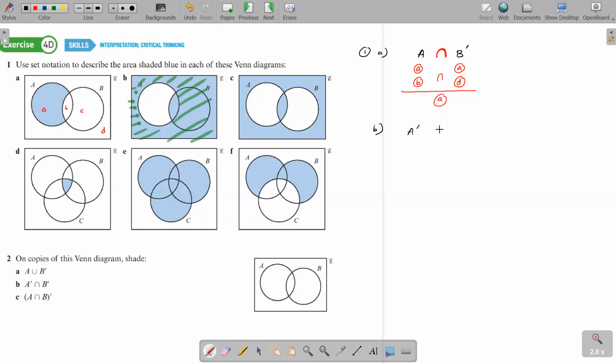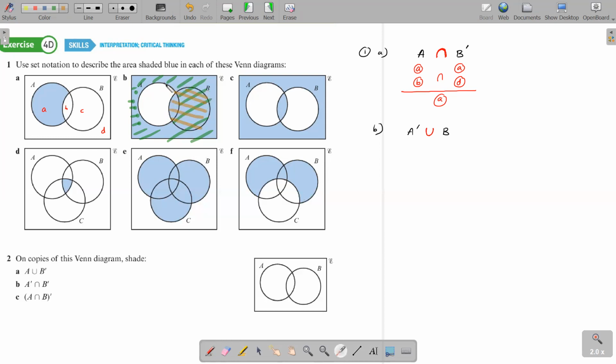If I take A dash along with B, so B means the full circle, and go for the union. So guys, what's the union? Union means you take everyone, right? So you take everyone that belongs to A dash and you take everyone that belongs to B. So A dash is the region I have colored in green here. And B is what I am coloring here, the B circle. Can you guys see the B circle? So B circle includes this whole thing.